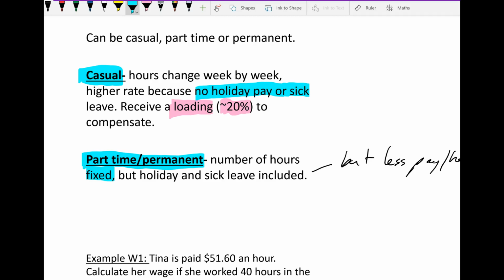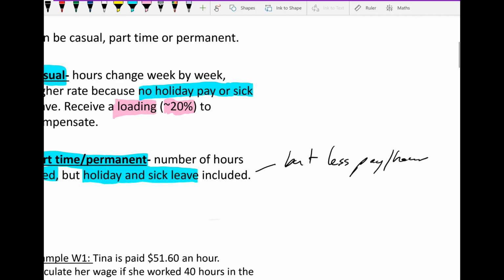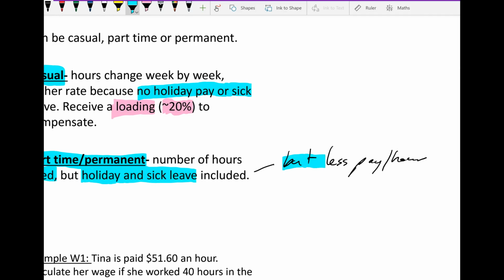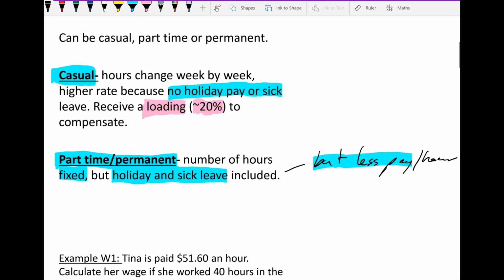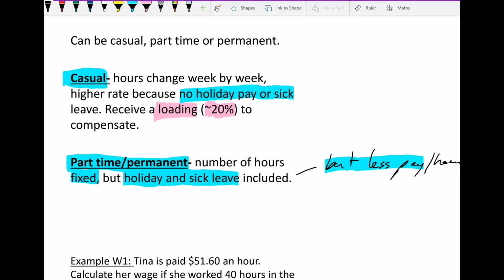Okay, and I'm going to get paid if I take holidays and sick leave. Okay, so I'll still get paid, but you get paid less. You don't get that loading because you've got the security of knowing you get the same amount of hours each week, and then also your sick pay is in there. Okay, so it's kind of a trade-off.